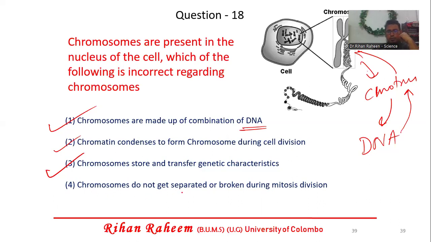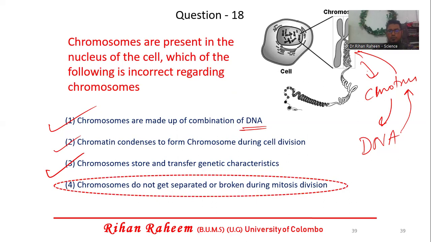Fourth one: chromosomes do not get separated or broken down during mitosis division. Normally what happens during mitosis? They duplicate and then they divide into two and go. Here they say they are not getting separated, they are not broken.